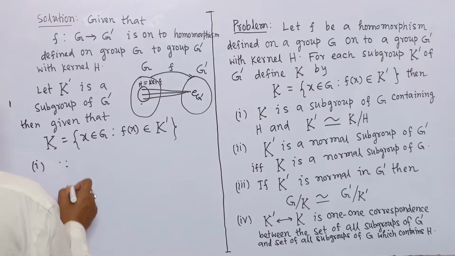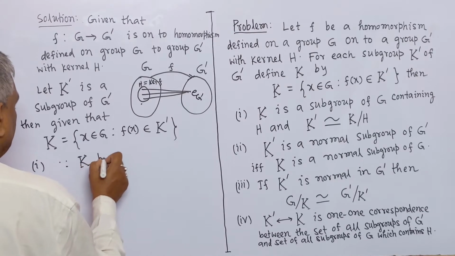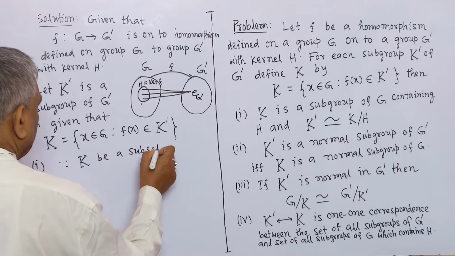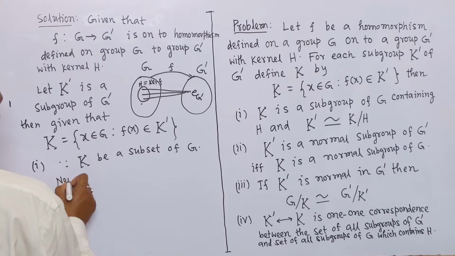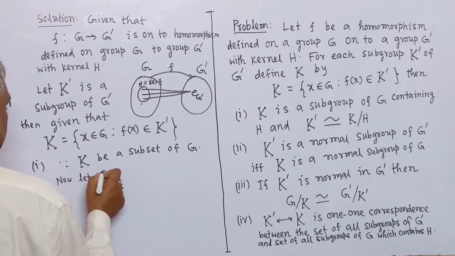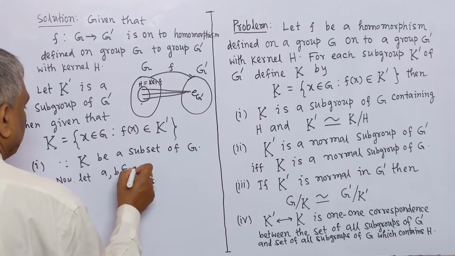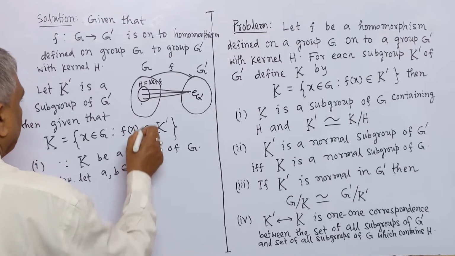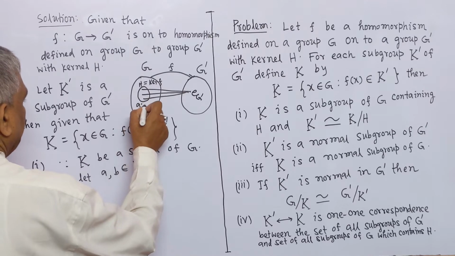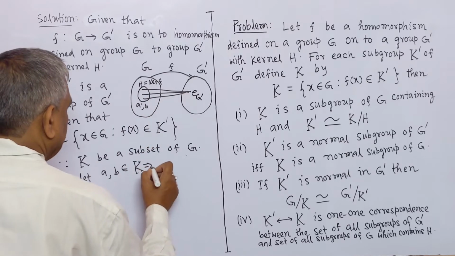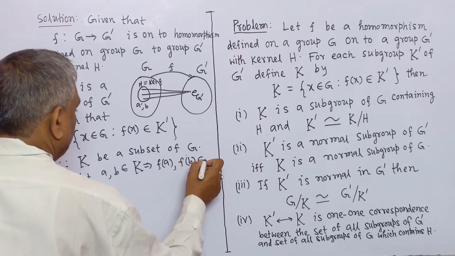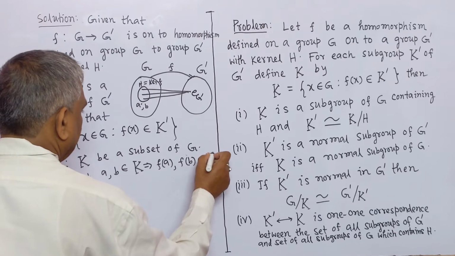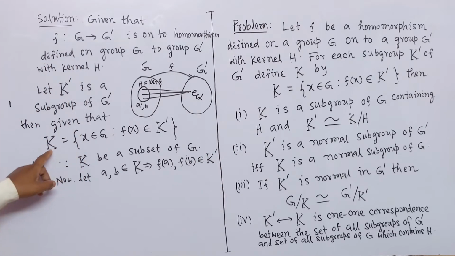Since K is a subset of group G, now let a, b belong to K. Here a, b belong to K implies that F(a), F(b) belong to K prime, since if x belongs to K, then F(x) belongs to K prime.